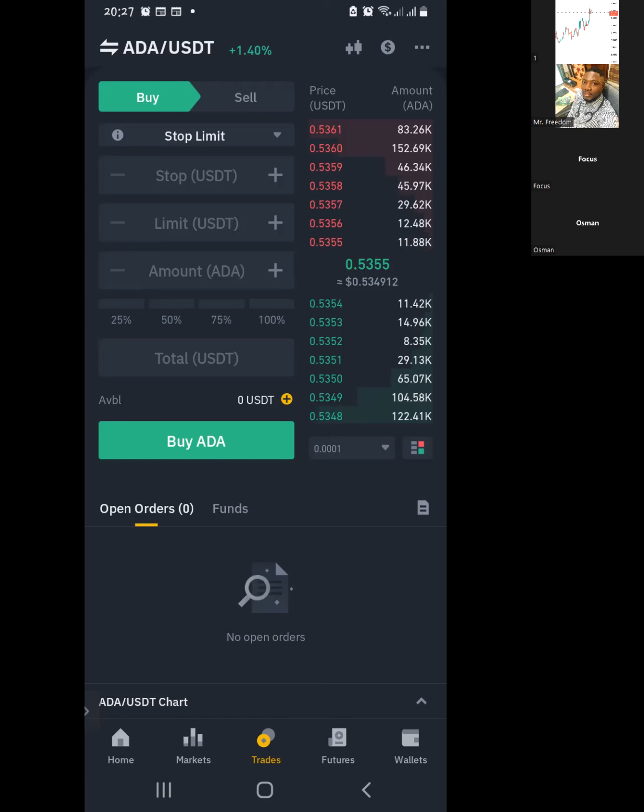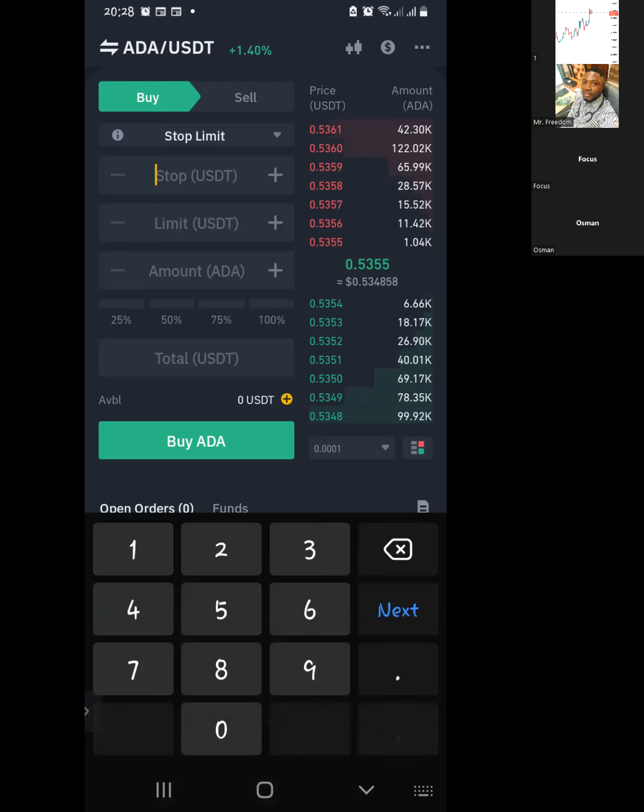In a case where you want to do that, you can't use limit, because the moment you use limit and you enter your 0.52 and the price of ADA is below 0.52, the limit will execute straight away. So when you want to set up a trade like that, what you use is the stop limit. With stop limit, you give a price that until that price is hit, nothing should happen.